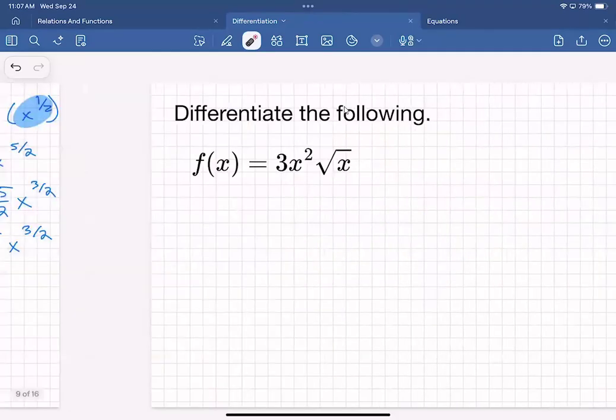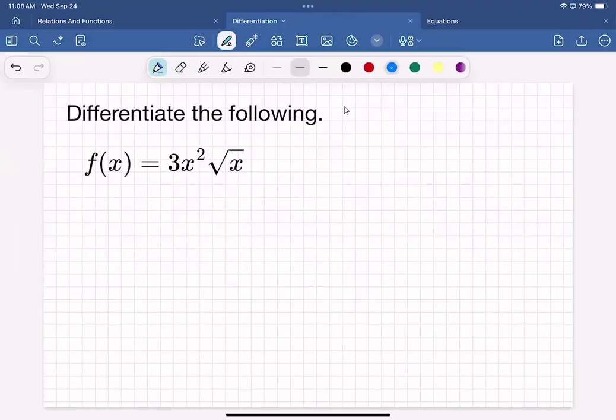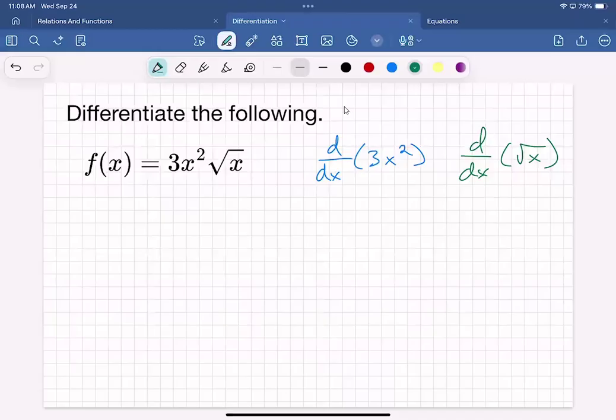So let's go work that out. As far as dealing with this is concerned, anytime we're dealing with the product rule, and we're going to look at the quotient rule as well today, what I recommend is make sure you remember, hey, I'm going to need the derivative of both of the factors separately. So let's look at the derivative of the 3x squared as well as the derivative of the square root of x separately. Now, with that in place, would we agree with 6x on the first one?